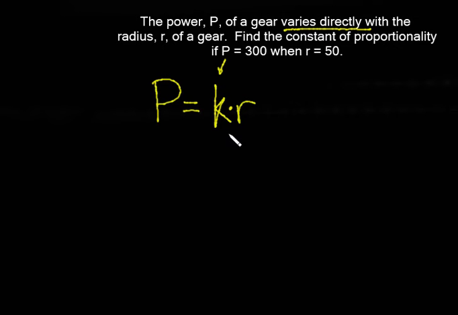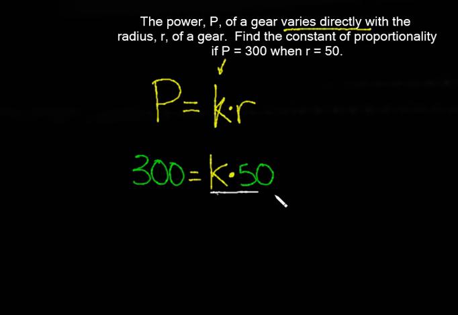We're basically just going to fill in the info it gives us and figure out what the K has to be. So we already know that P is 300 and the radius is 50. So all we got to do here is solve for K. We got to get this K by itself.